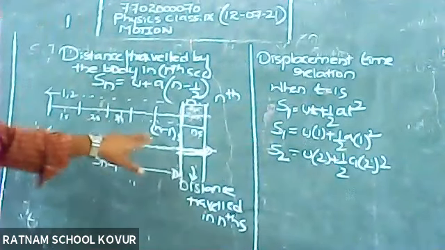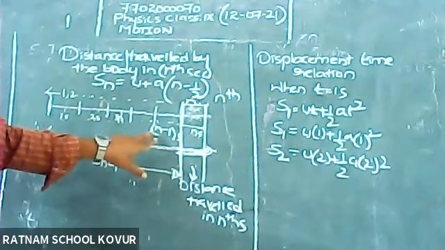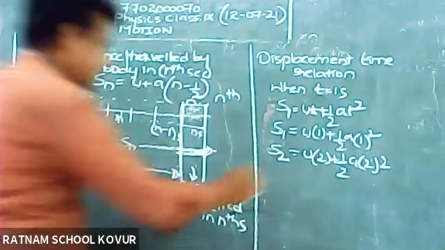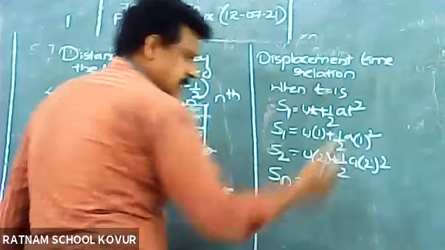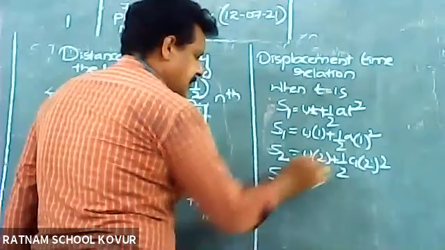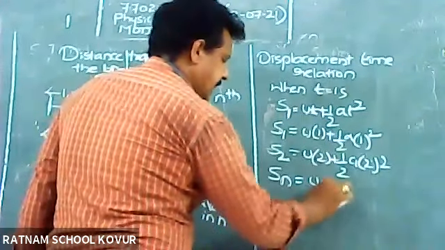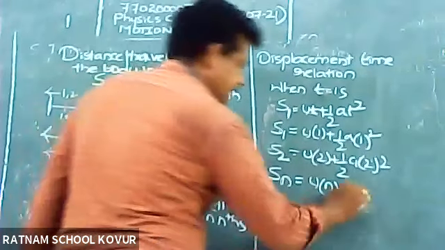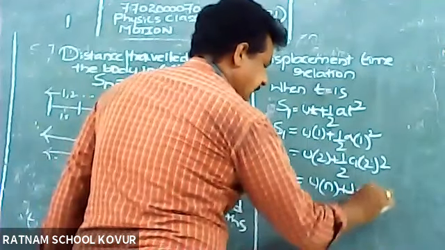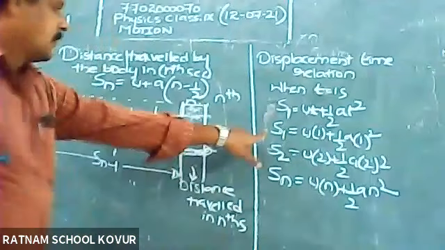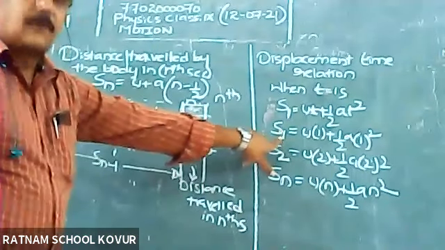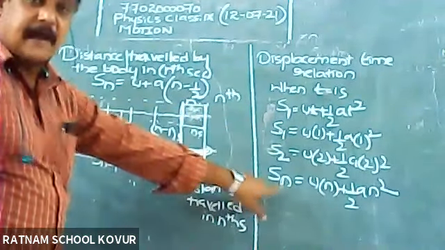In the same way, I calculate the distance traveled for n seconds. Sn is equal to u into n plus 1 by 2 a n square, replacing t with n. S1 means time is 1, and Sn means time is n.